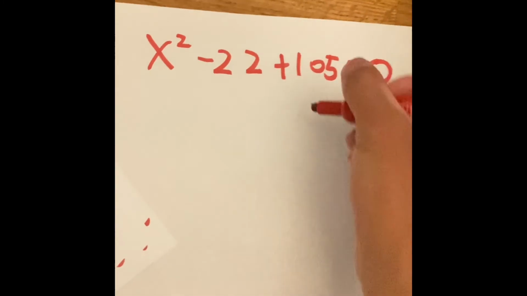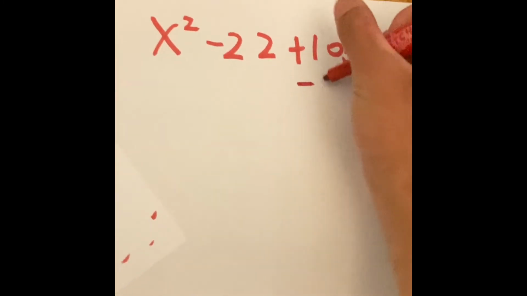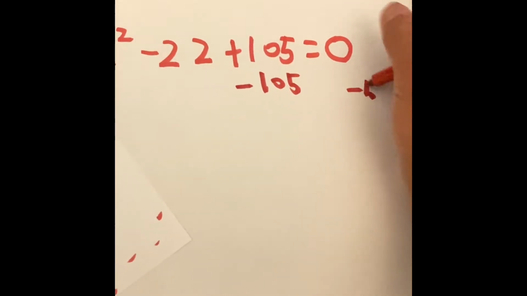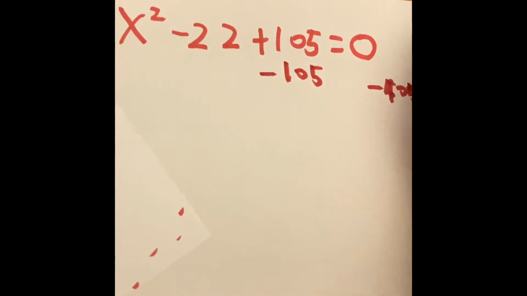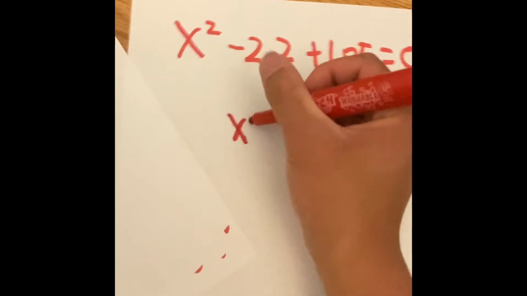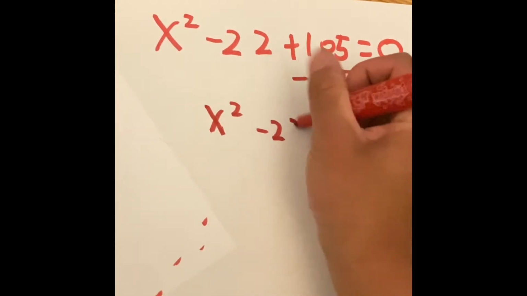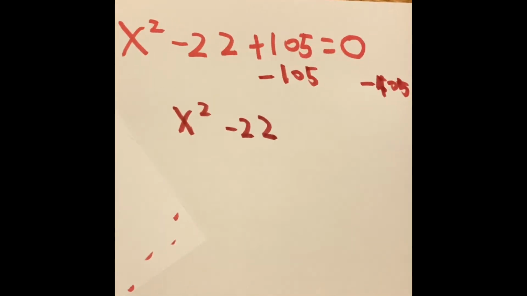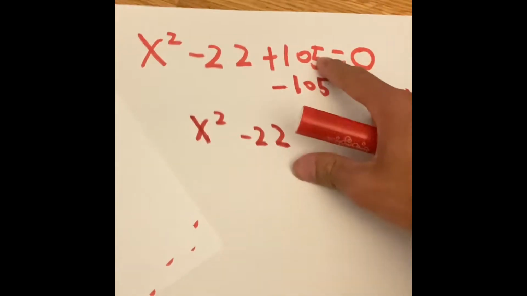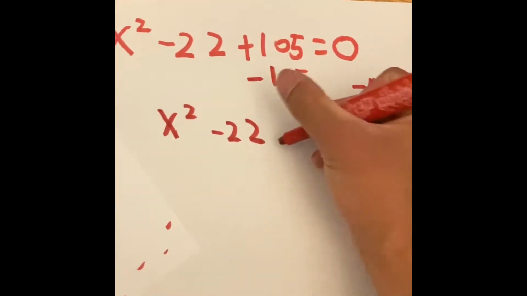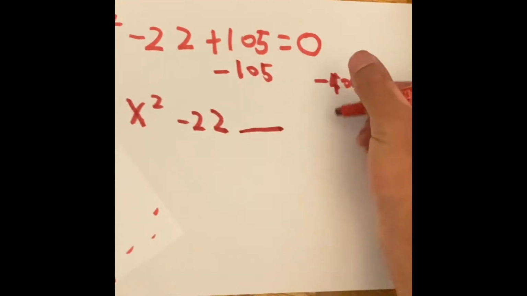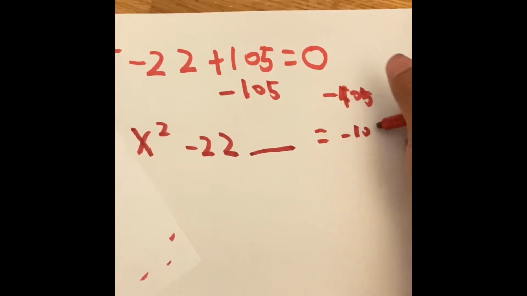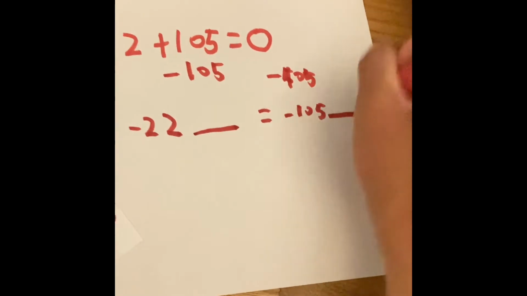Here's an example. We'll subtract 105 from this side and subtract 105 from this side. Now our new equation is x squared minus 22x. Wait, do you remember in the first part of the video where we said we don't have to find the C? Well, in this scenario, we have to find the C, which equals negative 105, with an empty space.